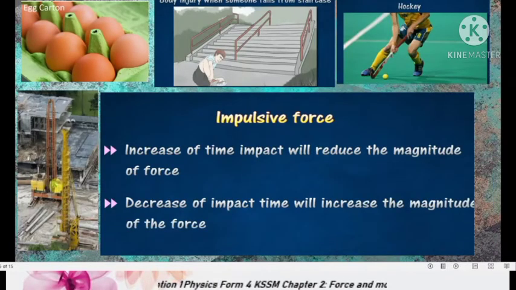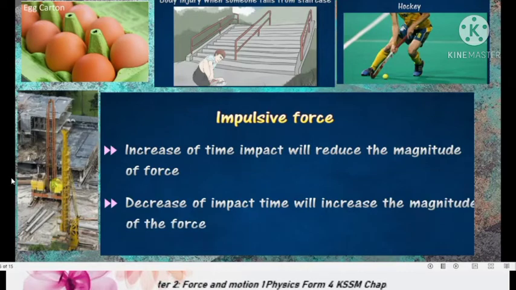Look at this picture. This is an egg placed in an egg carton, which can prevent the egg from breaking easily. Look at this one, body injury when someone falls from a staircase. What caused the injury? And this is a hockey player, using the hockey stick to hit the ball.